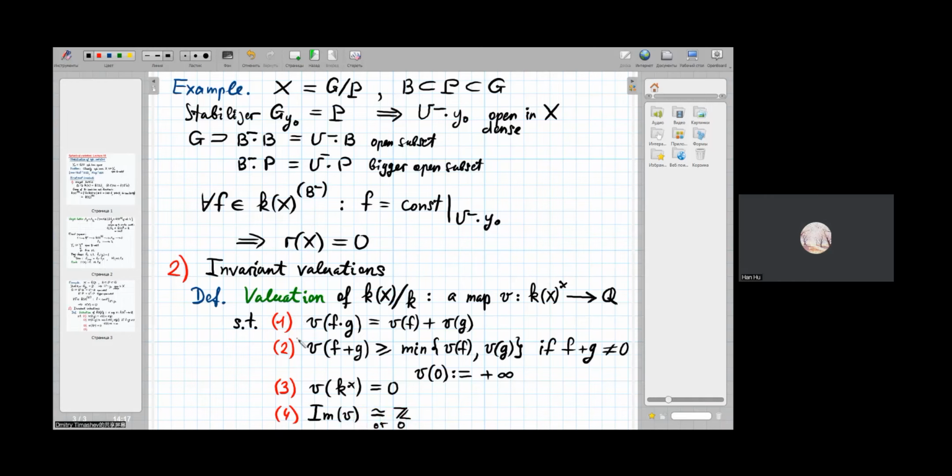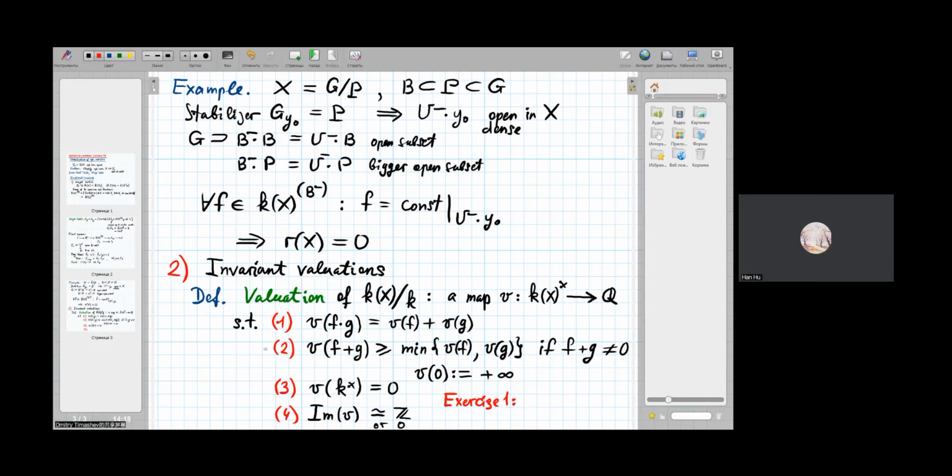This is the definition of evaluation. And also, let me give you an exercise. Maybe I even have some space to write it here. Exercise 1.